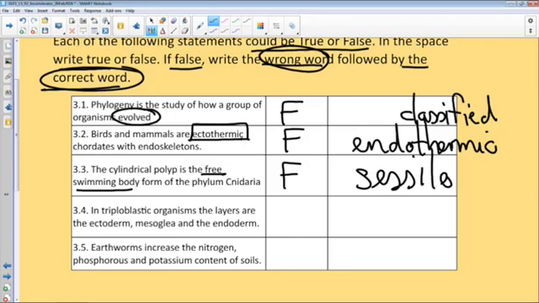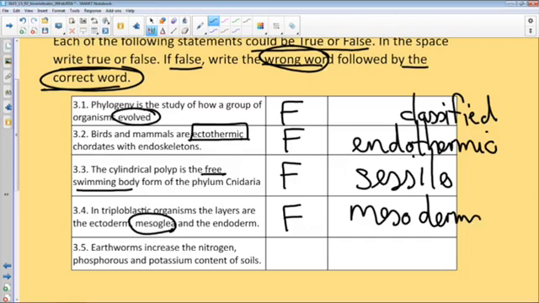In triploblastic organisms, the layers are the ectoderm, mesoglea, and endoderm. Guys, we haven't mentioned the word mesoglea. It's the ectoderm, endoderm, and the mesoderm. So obviously that's an incorrect statement, and the correct word should be the mesoderm. Cool. I'm sure there must be a true somewhere here. Let's look at the next one.